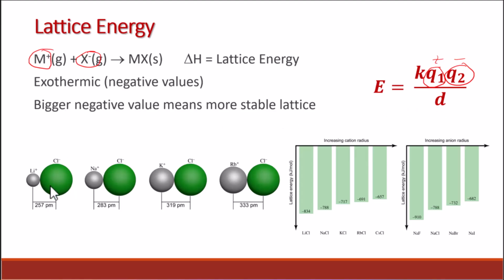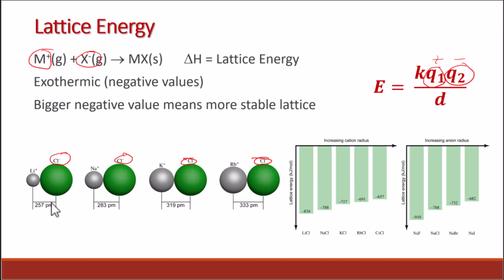That's why when you have smaller atoms, and everything here has the same charge, they're all alkali metal cations, and we're using chloride ion as the only halogen here. So we've got the same anion in every case, but we're going down the periodic table from lithium to rubidium. As you go down the periodic table, the trend is that the element gets larger, even the cation gets larger.